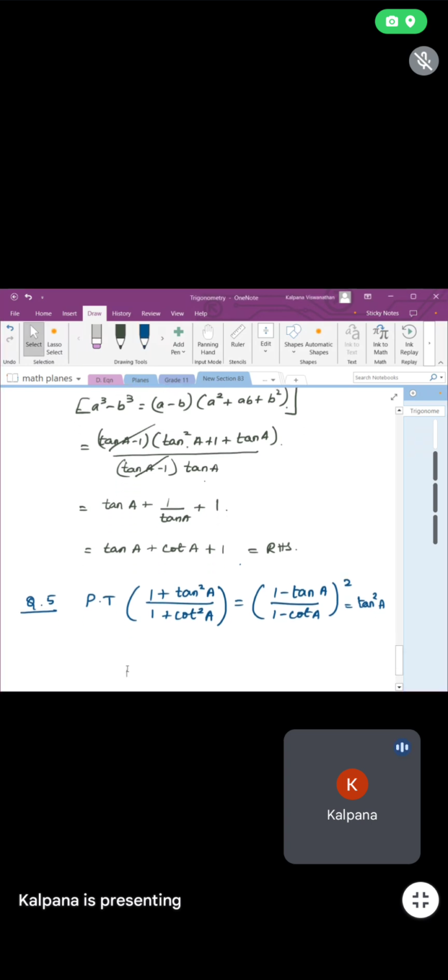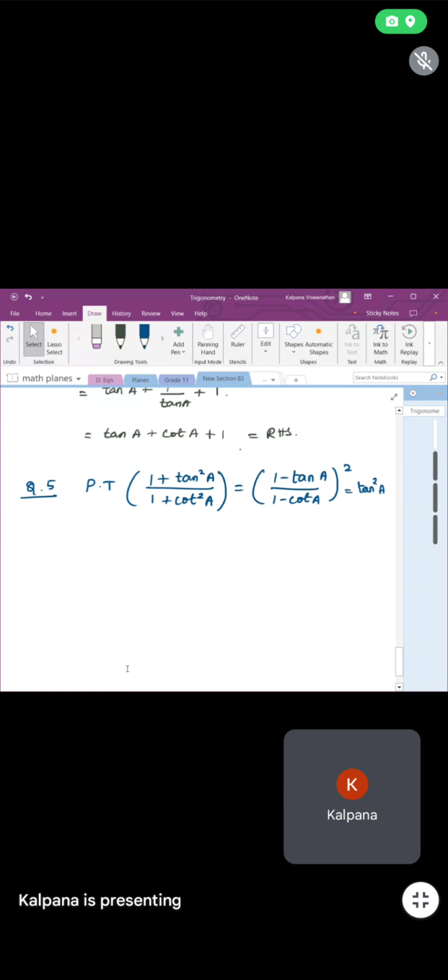You can prove the first part equal to tan square A by solving this part, and by solving this part also you can prove that it is equal to tan square A, and hence you can say all the three expressions are equal.